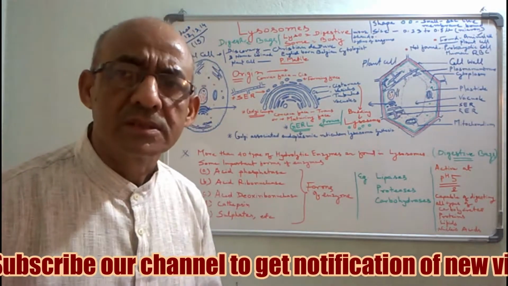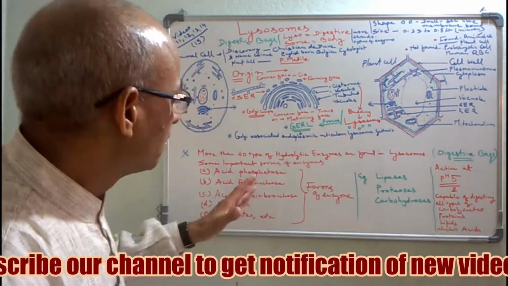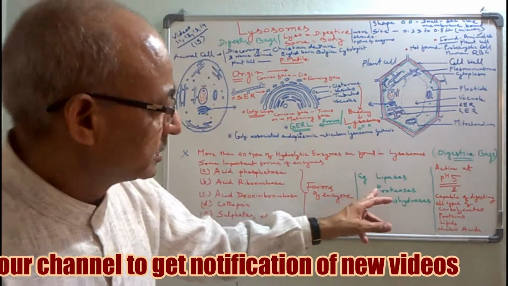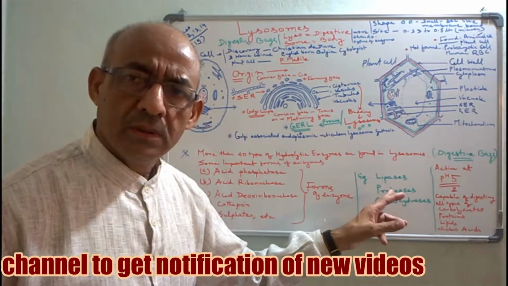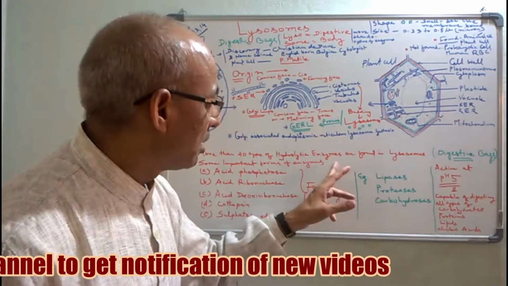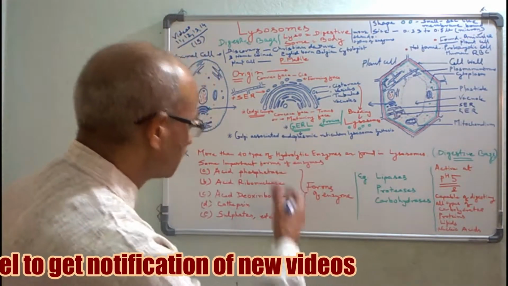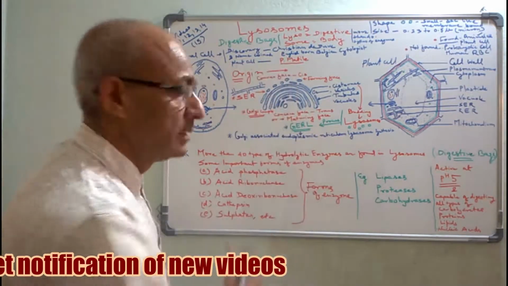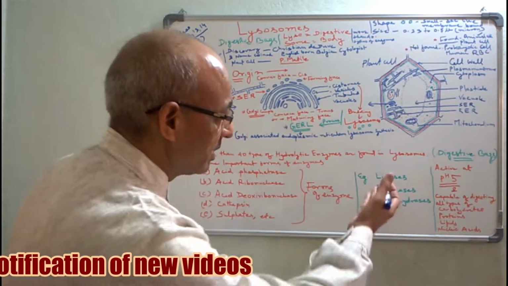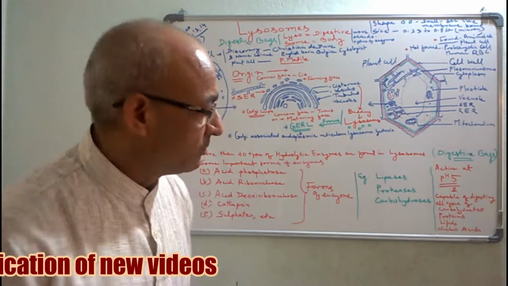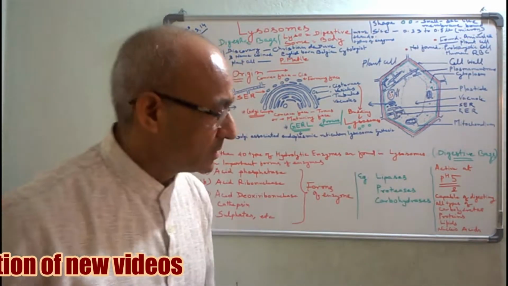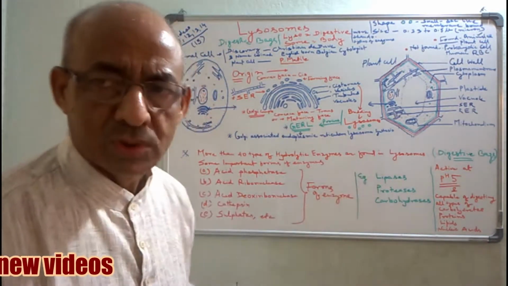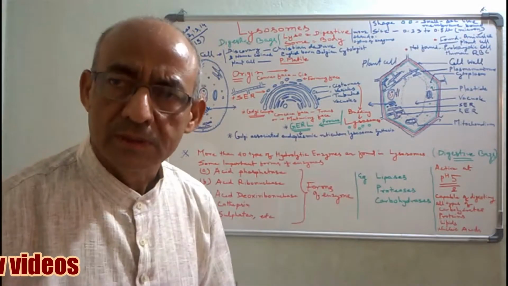Now we will discuss certain examples of these hydrolytic enzymes. See here, I have written 3 examples of these forms of hydrolytic enzymes which are found inside the lysosomes. Some are lipase, proteases, carbohydrases. These are the examples of hydrolytic enzymes.